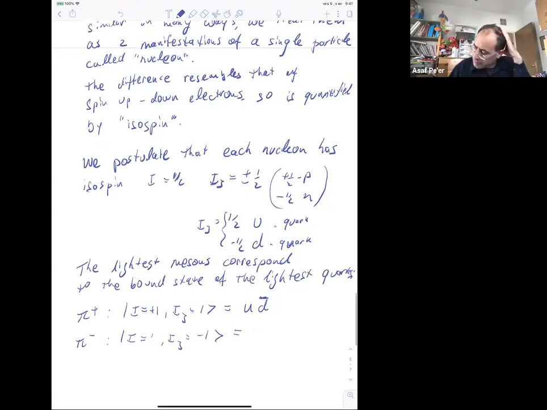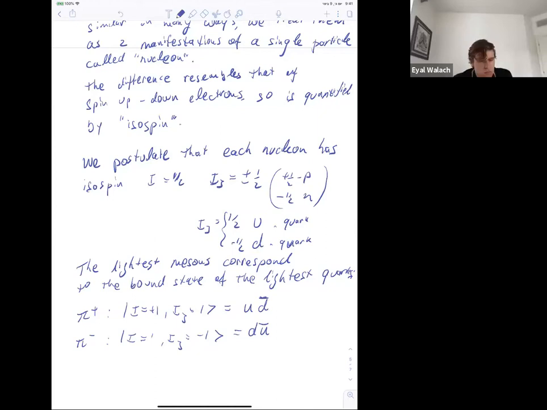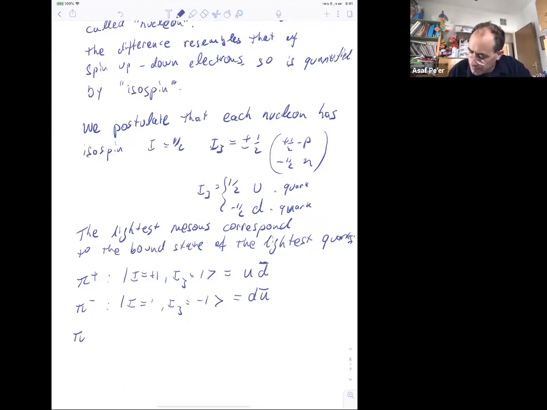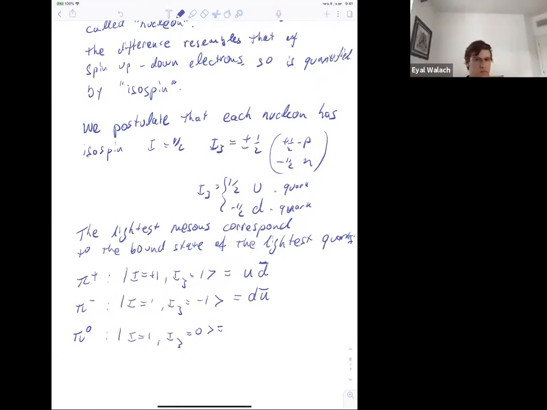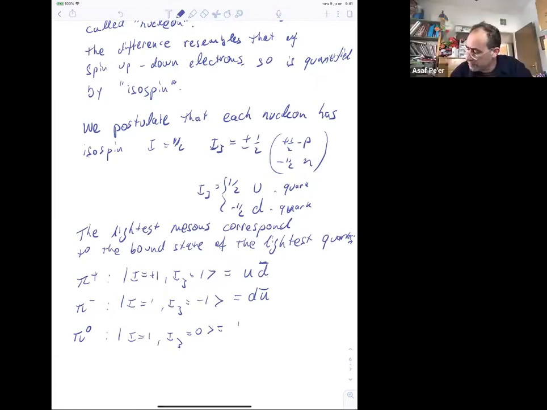So of course it's the opposite, a down and an anti-up quark. And for the neutral pion, this would correspond to I equal to 1 and I3 equal to 0. So now it's a linear combination, 1/√2 of up anti-up minus down anti-down.